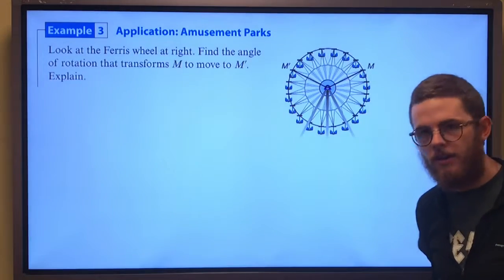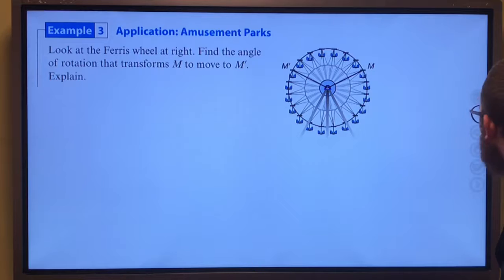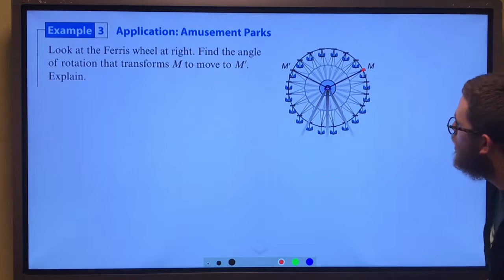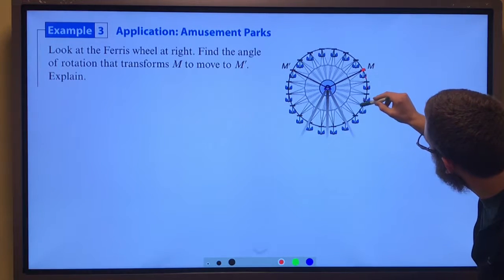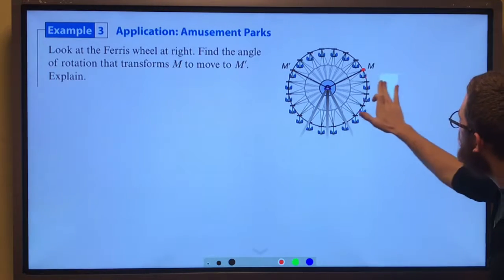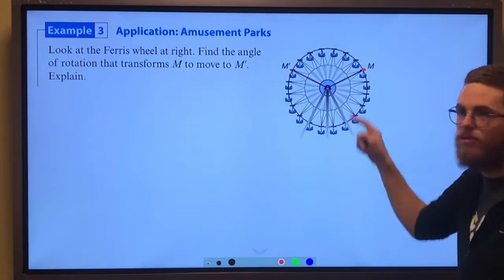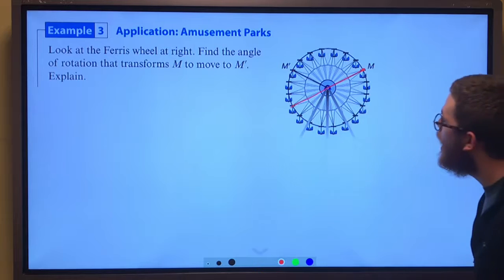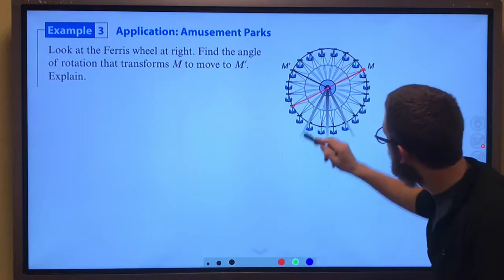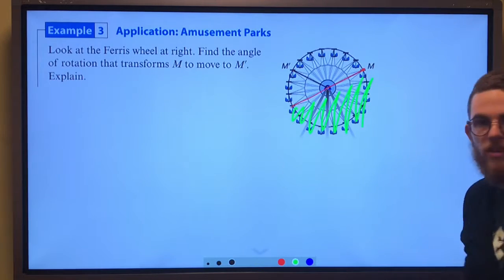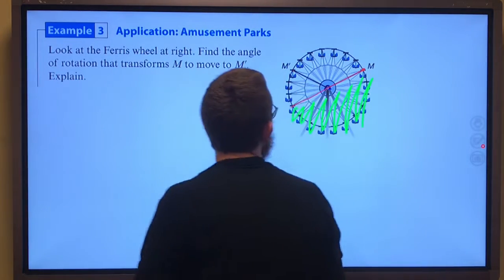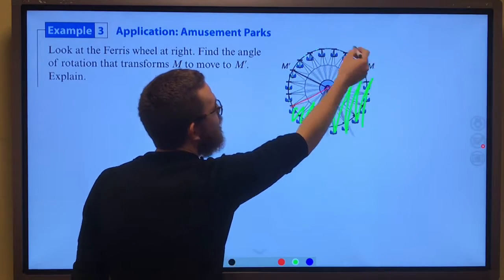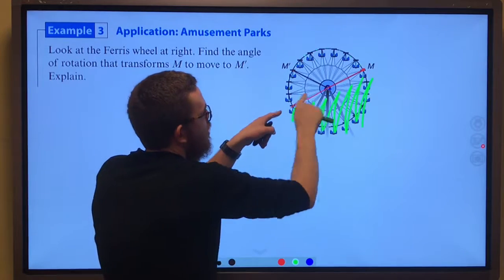Final example of the lesson. Look at this Ferris wheel. Find the angle of rotation that transforms M to M prime. Now, we could count up every single little distance between these baskets and then realize this is a fraction out of 360, but I'm going to simplify this a little bit and cut this circle in half. I'm essentially going to ignore all of this down here. There are 10 spaces in this half of a circle.